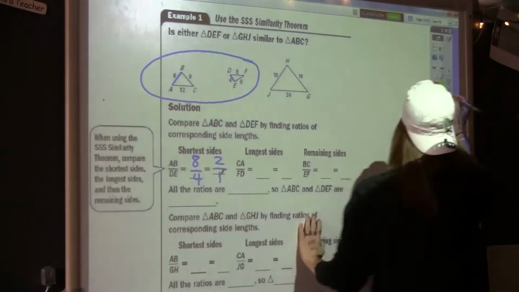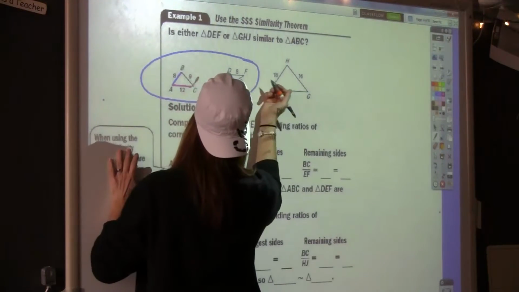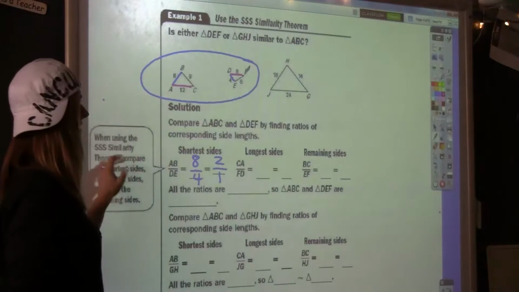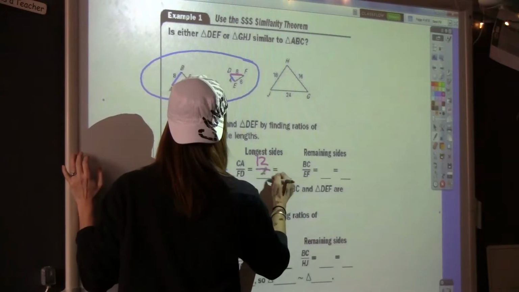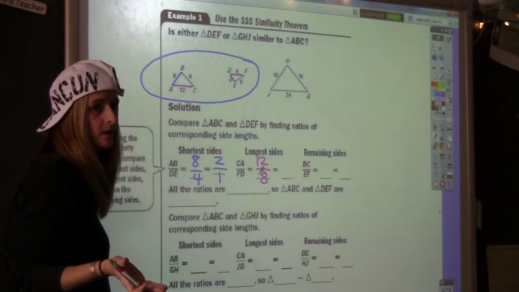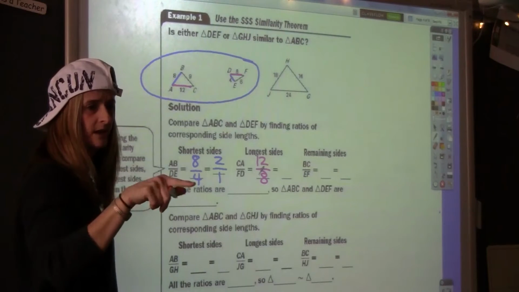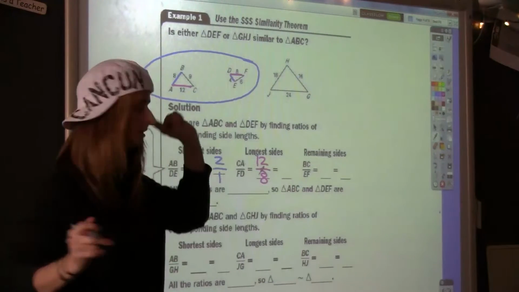Okay, let's look at the longest sides now of those two triangles. We've got a 12 and an 8. Uh-oh. When I simplify 12 to 8, I'm not going to get 2 to 1, am I? What am I going to get? 3 over 2. Okay, thank you.